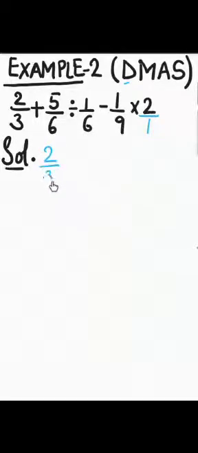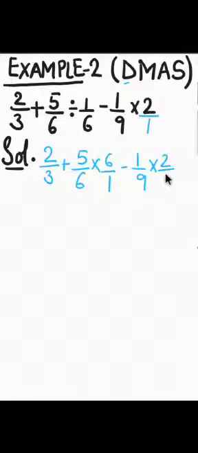This is 2 by 3 plus 5 by 6, and we have learnt in fraction that when we divide, the division sign changes into multiplication, and 1 by 6 will be reciprocal. This becomes 6 by 1. Minus 1 by 9 multiplied by 2 by 1 will be copied as it is.